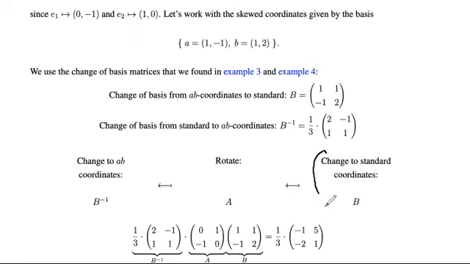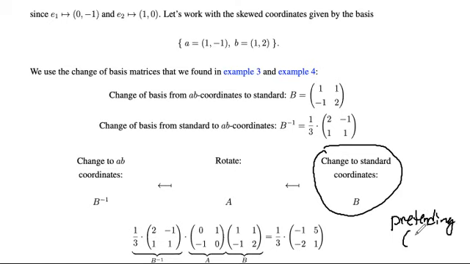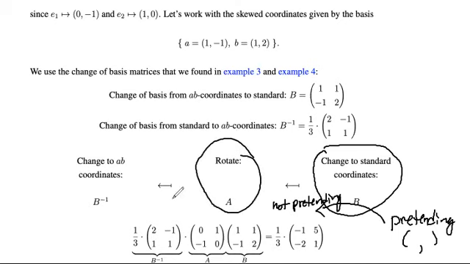That's what this is. To begin with, we're pretending right now that our coordinates E1 and E2 are really A and B. And then we want to stop pretending for a minute, so not pretending. And then we want to rotate, perform that transformation. And then we want to pretend again.